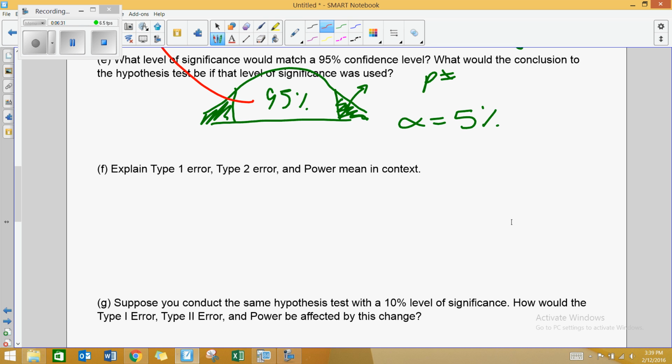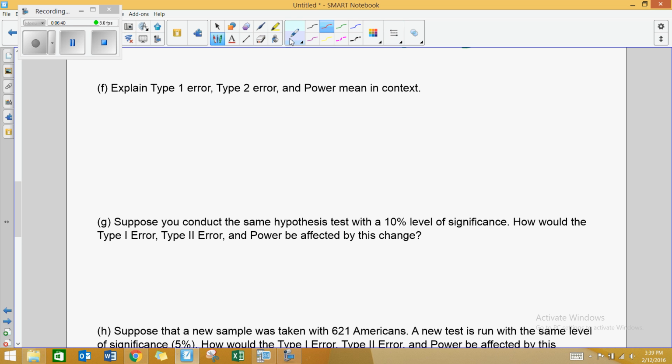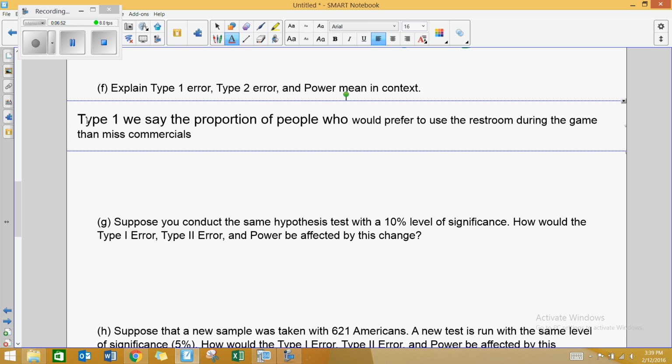Okay, so explain type 1, type 2, and power in context. Okay, so type 1 is we reject, but we shouldn't have rejected. So what does that look like with the context? That's us saying the proportion of people who would prefer to use the restroom during the game is different, but it actually isn't.